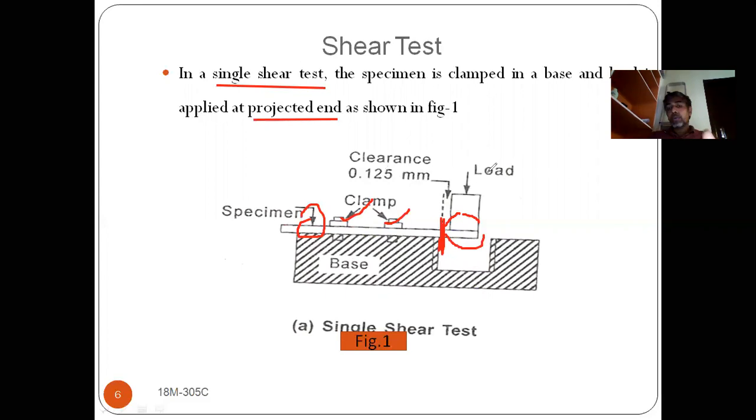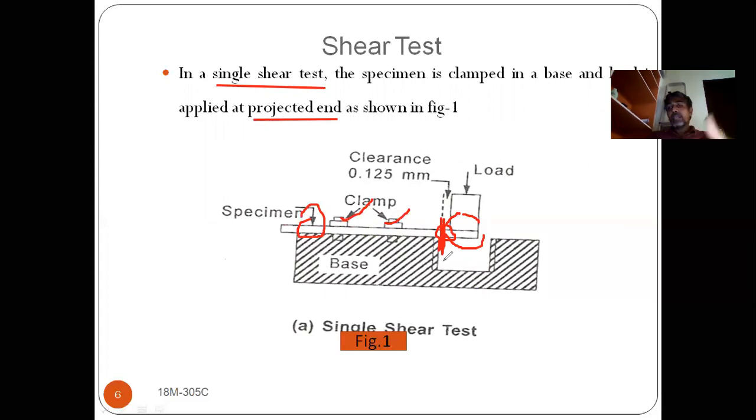When you apply the load, what will happen? The load will act about this cross section. As the load increases, the specimen will shear out here, like this. In this way, we find the shear strength.